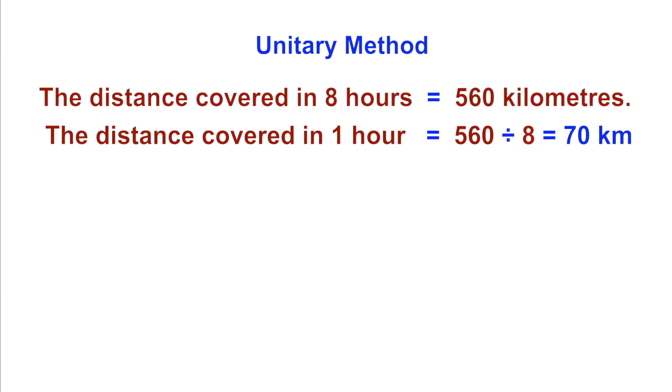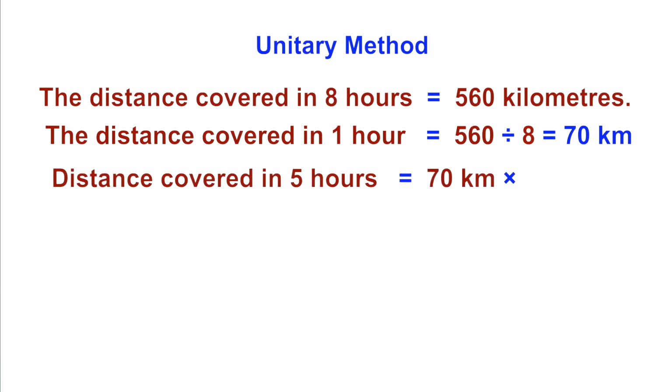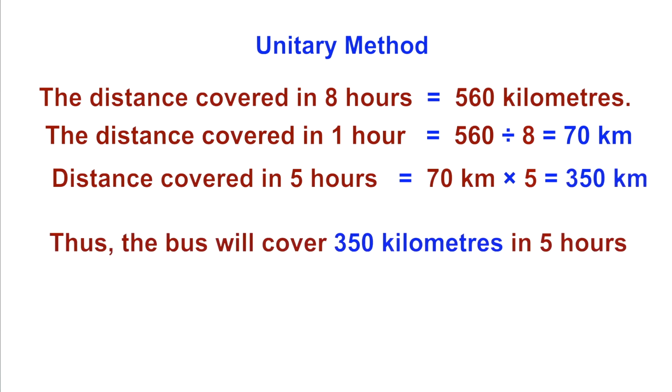Find the distance covered in many hours by multiplying. The distance covered in 5 hours is the distance covered in 1 hour multiplied by 5. 70 kilometers multiplied by 5 is equal to 350 kilometers. Thus, the bus will cover 350 kilometers in 5 hours.